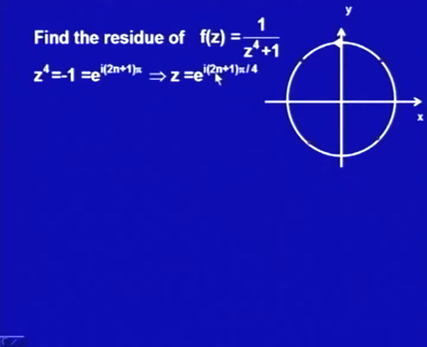At n equal to 1, we get e to the power i 3 pi by 4 and, with the minus sign, e to the power minus i 3 pi by 4. Then if I take n equal to 2, I get 5 pi by 4, which is 2 pi plus pi by 4.